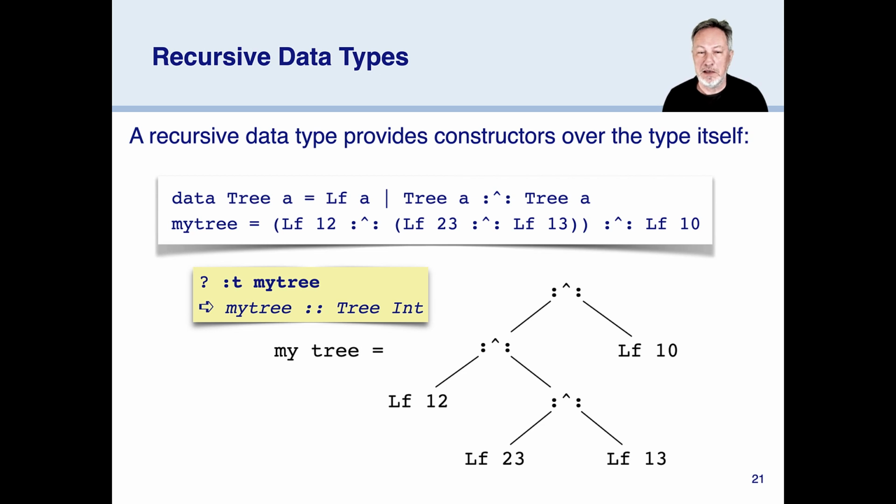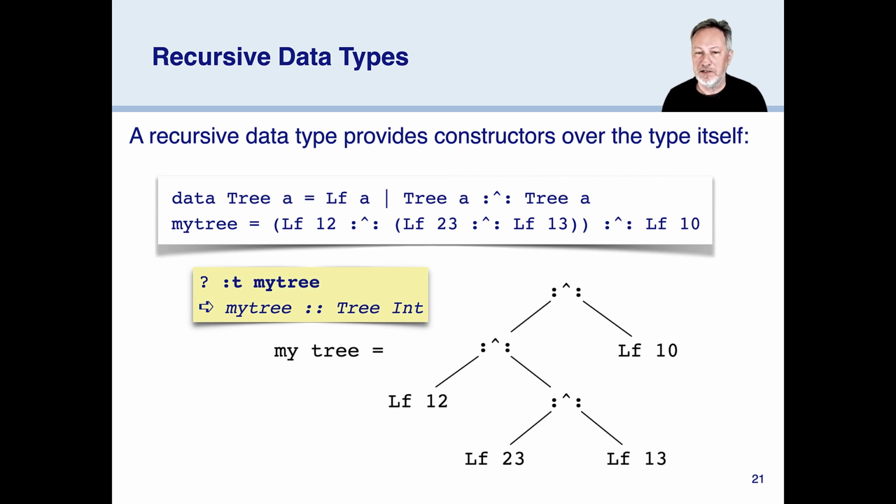So we can see that the type parameters on the left-hand side of the data type definition are actually type parameters that describe what types of things we can contain. Now, what's a tree? Well, a tree consists of leaves and non-leaves.